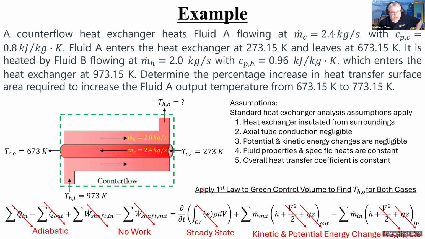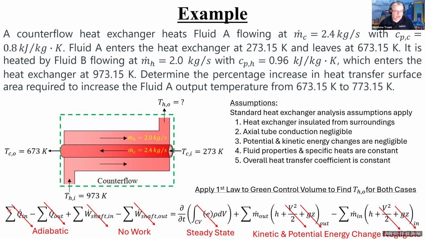So first thing I'm going to do is try to find this outlet temperature for the high temperature side. So I'm going to use the green control volume that I've drawn here to find the outlet temperature for the hot side. Presumably you took thermo. If you guys took fluids with me, you've seen me do this before.